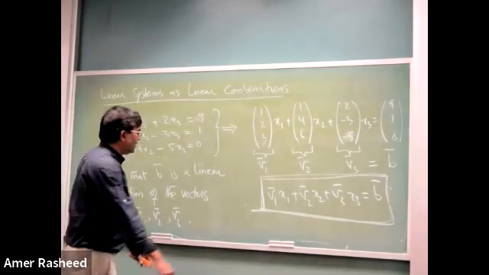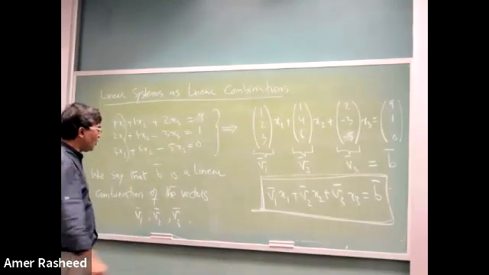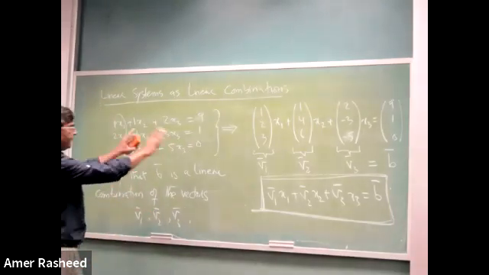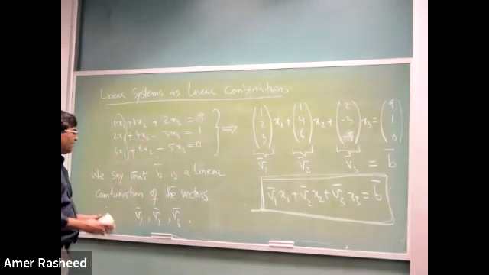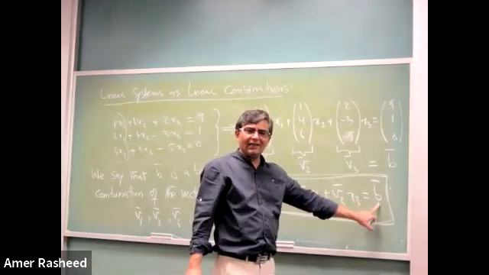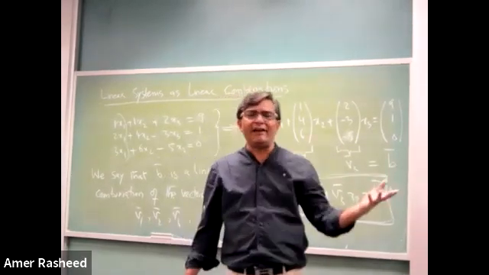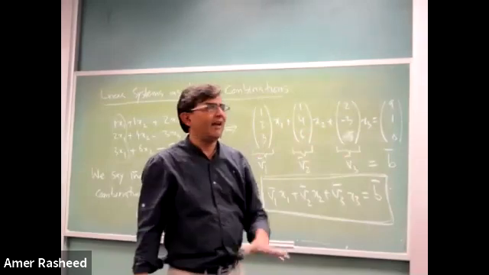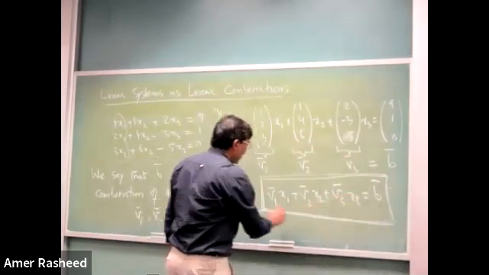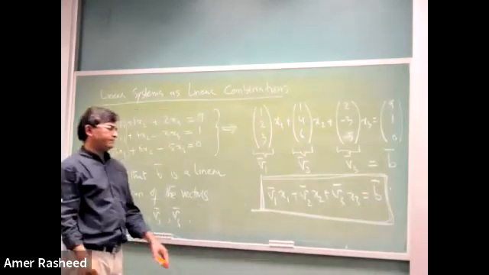Geometrically, what does this thing show us? First you see this mathematically, then we'll see it geometrically. Any vector B is called a linear combination of some other vectors V1, V2, V3 if we can write B in this form. Okay.